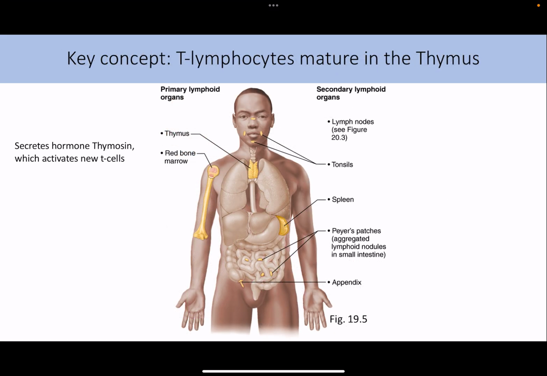But the thymus, or T lymphocytes, mature in the thymus. The thymus secretes the hormone thymosin, which activates new T cells, which you should already be familiar with. When we talk about activating new T cells, they make them what we call immunocompetent.